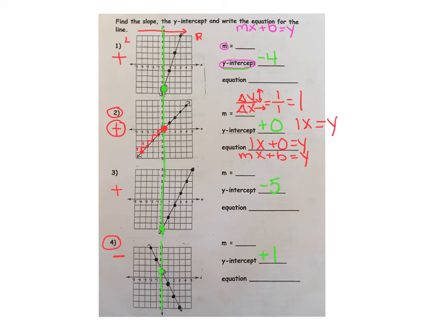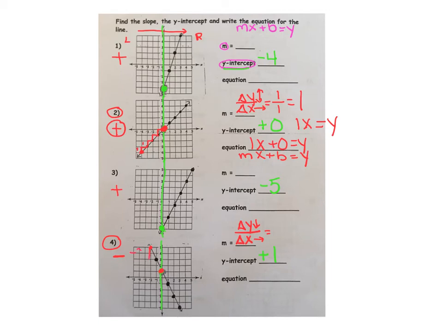Let's take a look at number 4. This has a negative slope. Remember, our delta y then, since it's negative, will go down. And for our delta x, as we move on the coordinate plane, that will move to the right. So you can start on the anchor point, or you can start on the point furthest to the left. But what's our pattern?